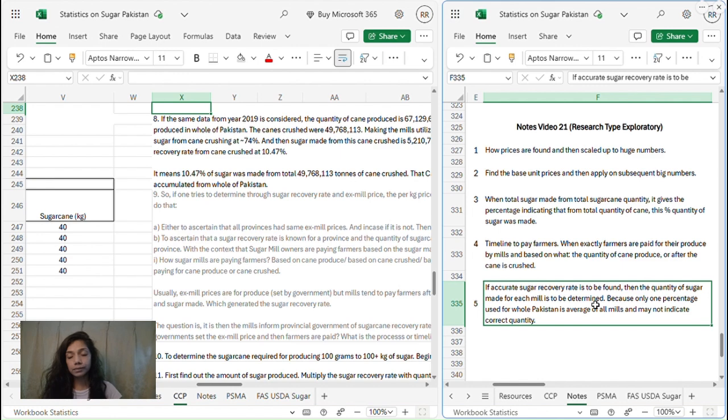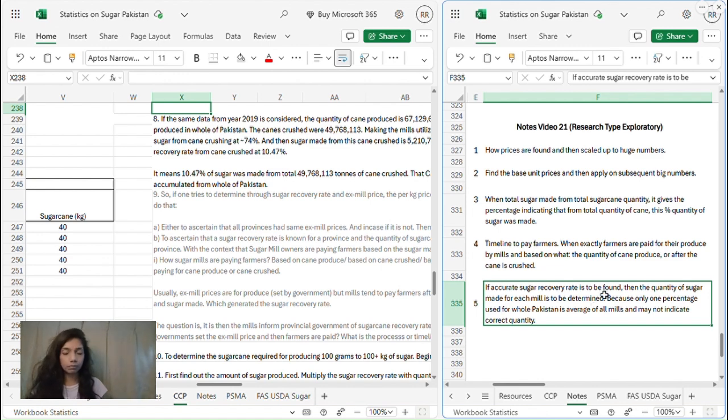Now this says when we do that, it actually gives us the average and minimizes the precision and accuracy of the quantities produced. So for having accurate quantities, the most effective way would be to determine the sugar recovery rate for each mill, and not find the average, because when you find the sugar recovery rate and the sugar made for each mill, you will have the total actual quantities of sugar and not the averages.